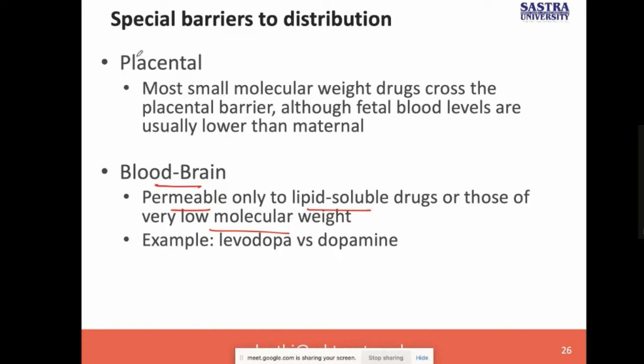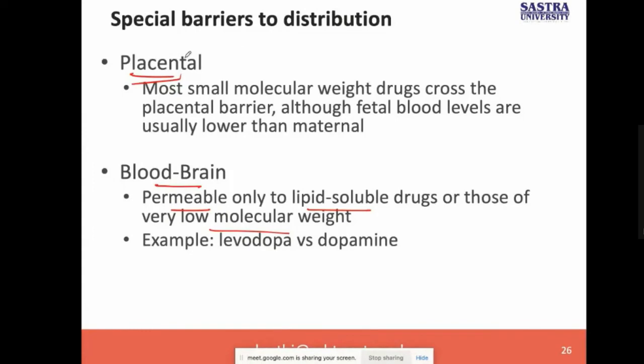Another important special barrier for distribution is called the placental barrier, from mother to fetus. During pregnancy, the mother may take some drug molecule. Basically, what we expect is that it should not affect the fetus.